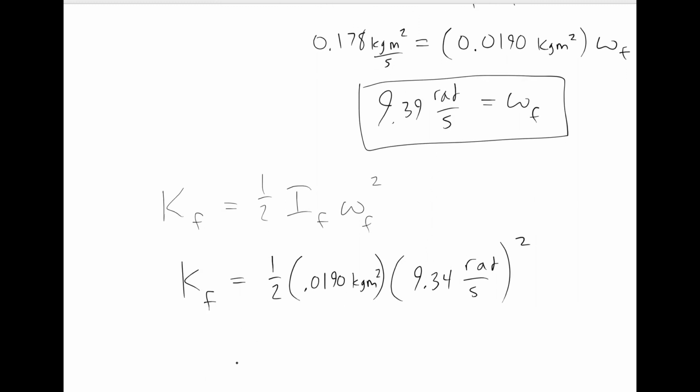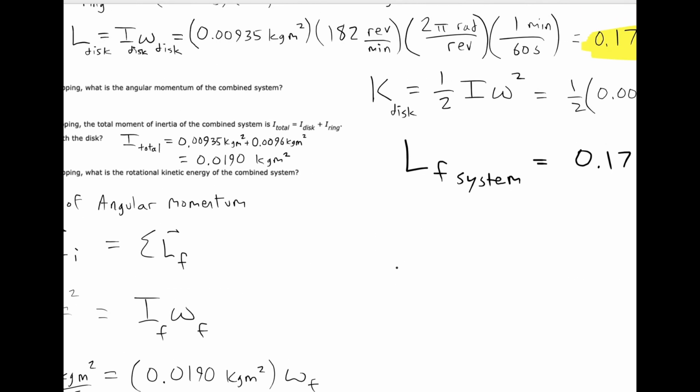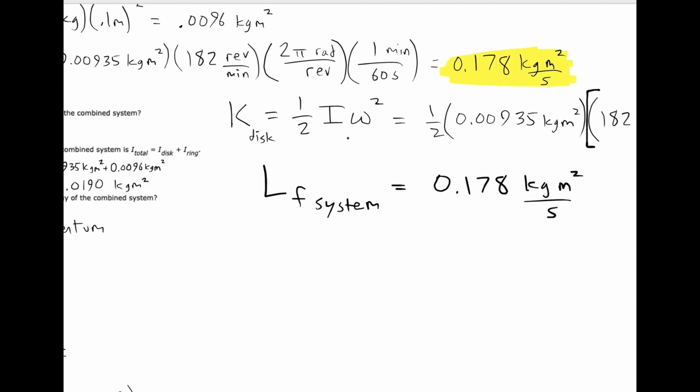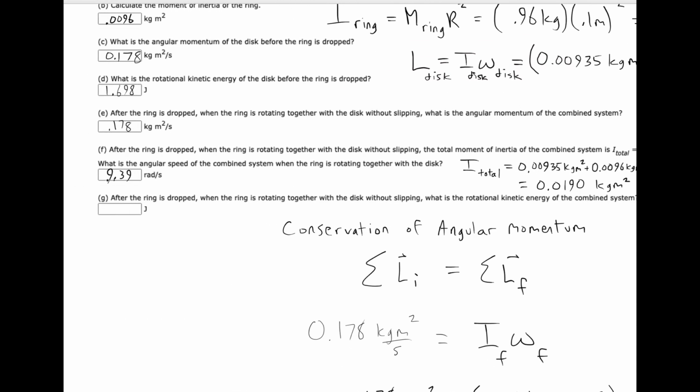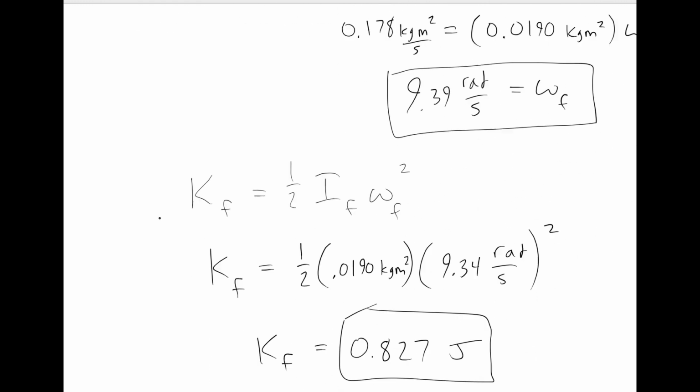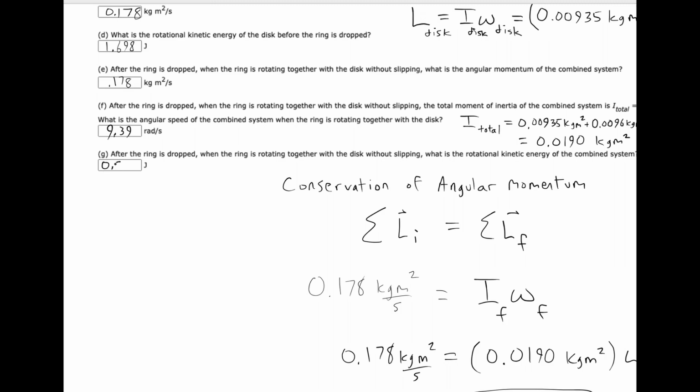So we can get that final kinetic energy. It's 0.827 joules. Keep in mind the initial kinetic energy of the system was 1.698 joules, so there was a loss of kinetic energy in this interaction. But kinetic energy doesn't have to be conserved in all interactions here, just angular momentum does.